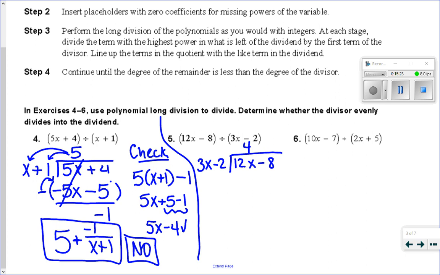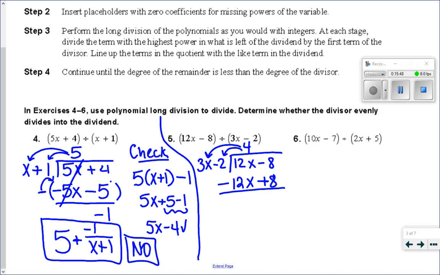And then when we loop around, we've got to make sure we distribute it. So 4 times 3x is indeed 12x. 4 times negative 2 is a negative 8. I dropped my line, but then do not forget, this is the big thing, that we are subtracting that entire expression. So we're subtracting this, but we're also subtracting that negative 8, which makes it a positive.